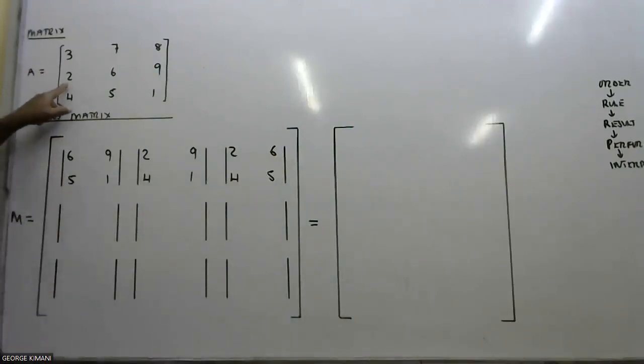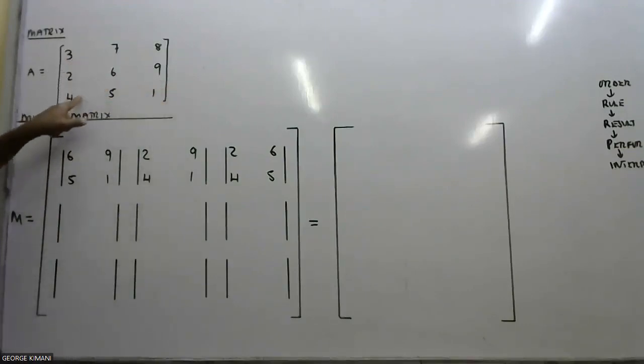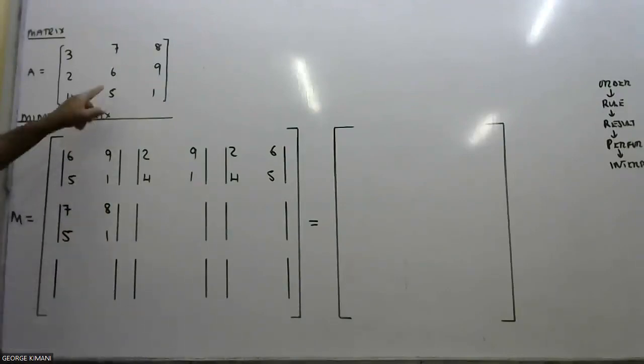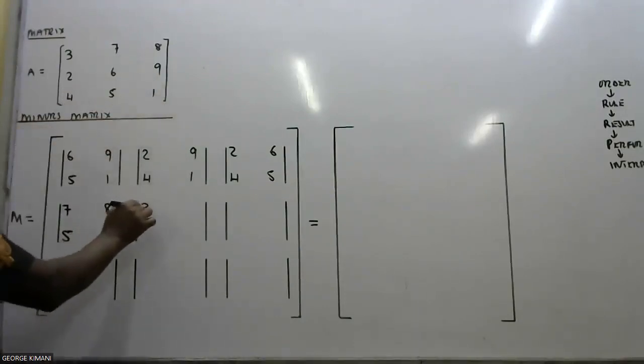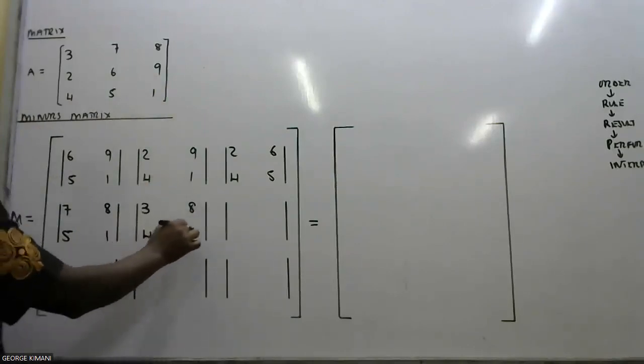You come here, you drop everything here and everything in the first column. So you are left with 7, 8, 5, 1. When you come here, you drop the second row, second column. You are left with 3, 8, 4, 1.